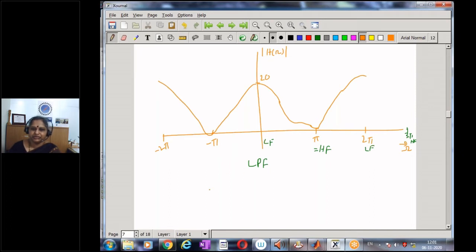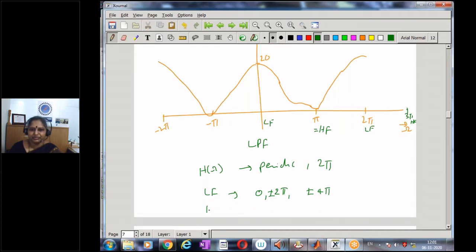So we have an observation that H of omega is periodic with period 2 pi, and low frequency components are represented around omega equal to 0, 2 pi, plus or minus 2 pi, plus or minus 4 pi, etc.